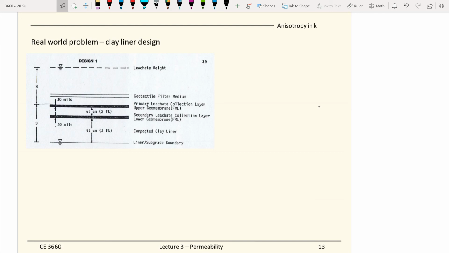So what happens here is, this part is your geotech design. You need to select the material, or the combination of materials, that prevents your wastewater. You have a lot of wastewater here. So this part is your wastewater.